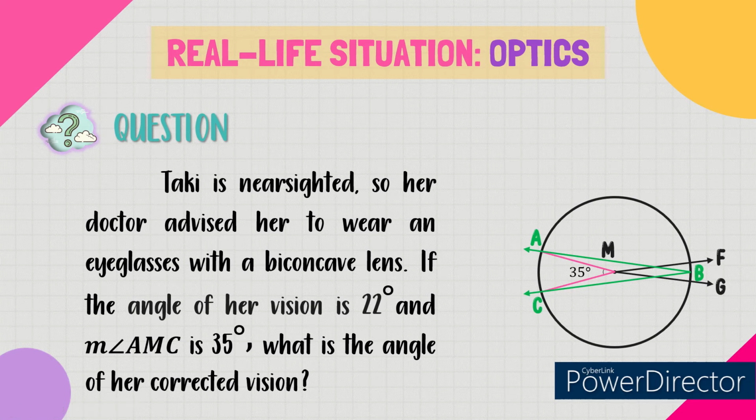An inscribed angle, as I said, has its vertex on the circumference or the ring of the circle, and its sides are composed of two chords, like this line segment AB, and then this is a ray, because the other one has an endpoint, the other has an arrow, which means it is continuous.